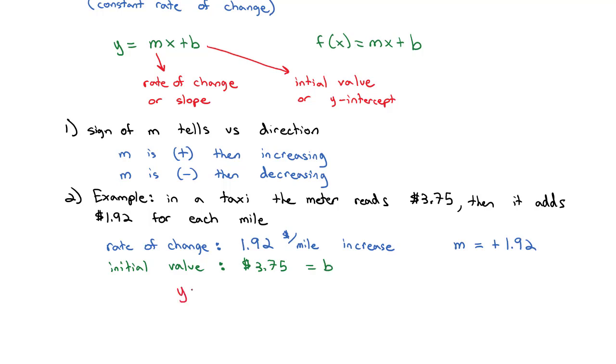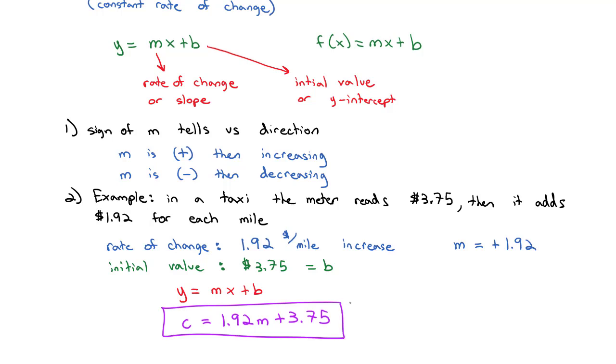And so when I think about y equals mx plus b to model this situation, we can say that the cost of my ride, let's use c actually, the cost of my ride is going to be my slope of 1.92 times the number of miles I go plus my initial value of 3.75. And so now we have an equation to model this situation.